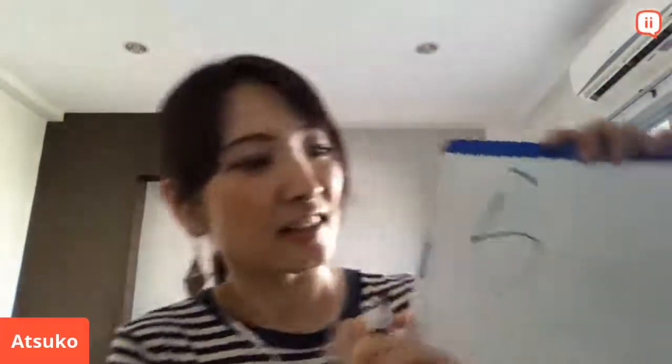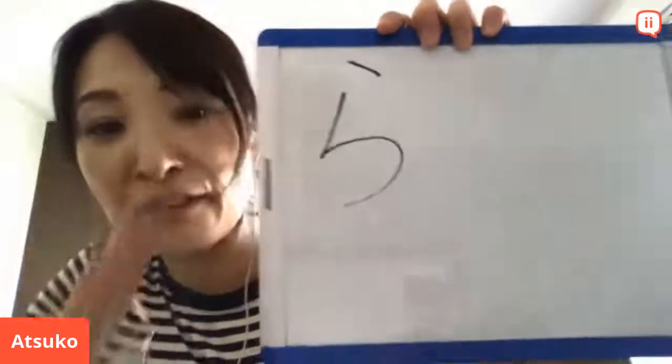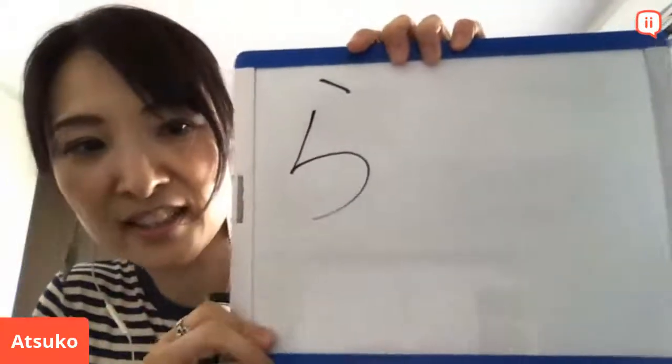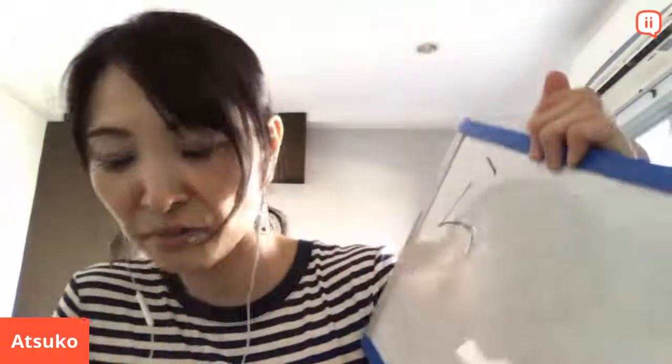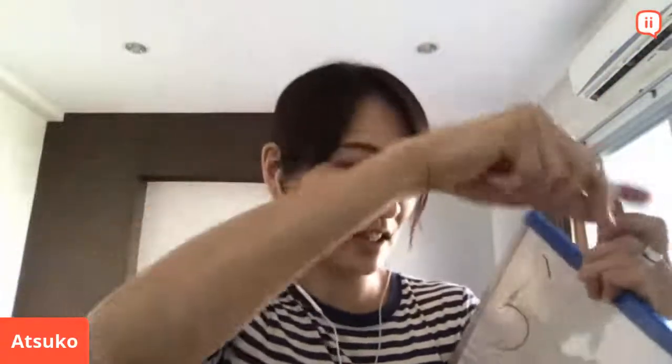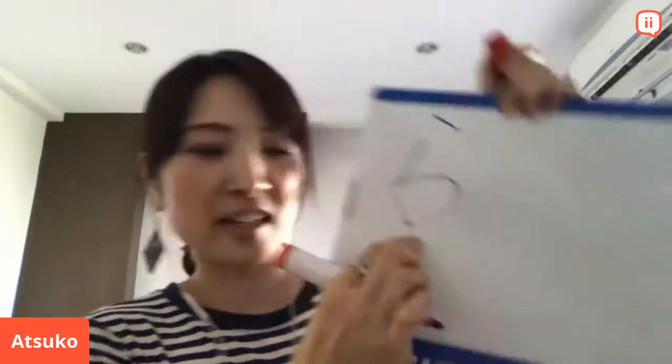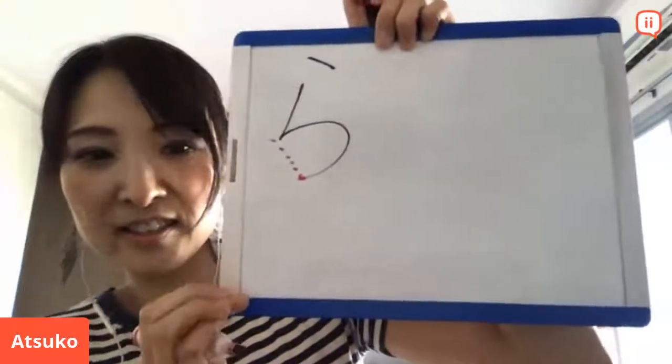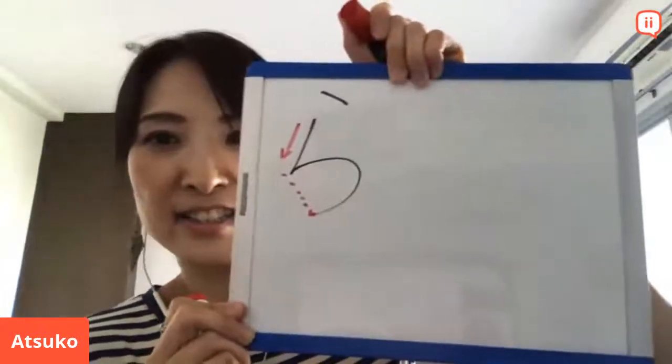Go down to the right. Second stroke. Go down to the left. Left. Okay. And very important thing is that the finishing point should be here. Okay. Like that.